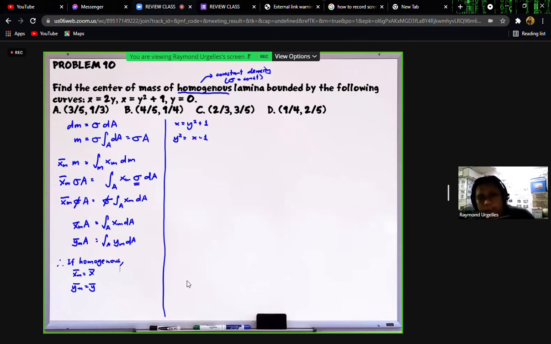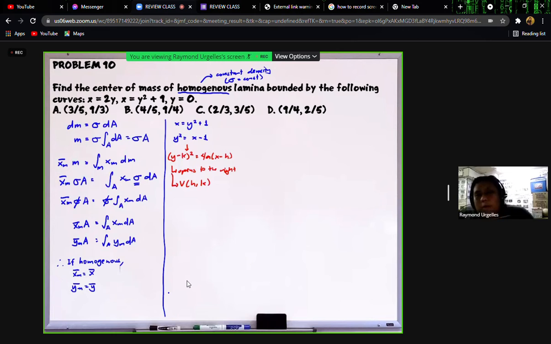Since there is a subtraction from x, this is of the form y minus k squared equals 4a times x minus h. The x is positive, so we know this opens to the right. Since y is the one squared and x is positive, it opens to the right.